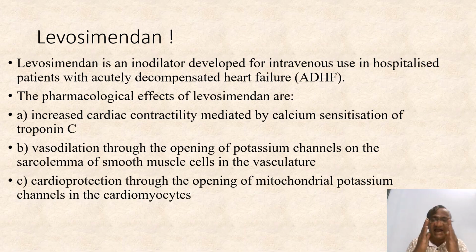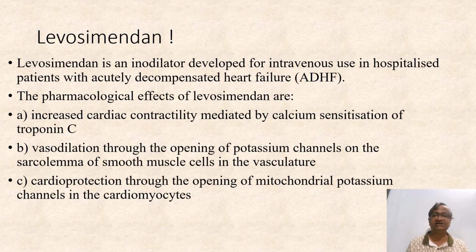Levosimendan is an inodilator. Again, you see, in acutely decompensated heart failure: increased contractility through direct calcium sensitization, vasodilatation through opening of potassium channels, and cardioprotection through the opening of myocardial channels. So myocardial protection, vasodilatation, increased cardiac contractility.